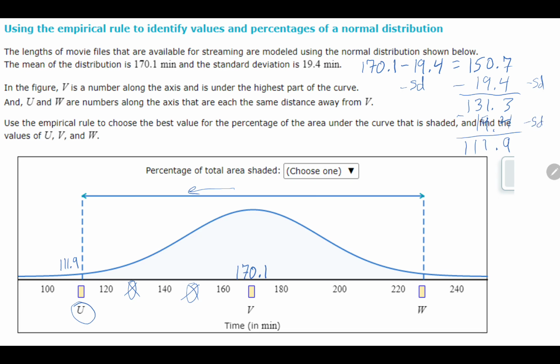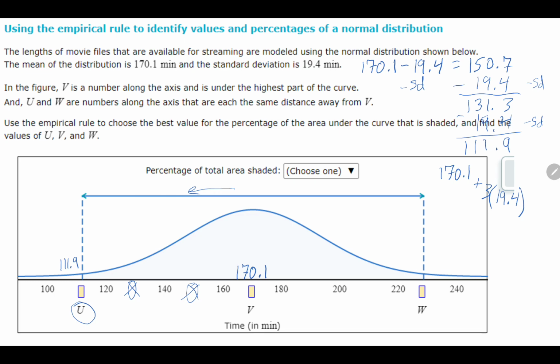So then really, to get W, I really just need to take 170.1 and then add 3 of those. So I might say, let's see, plus 3 times 19.4.